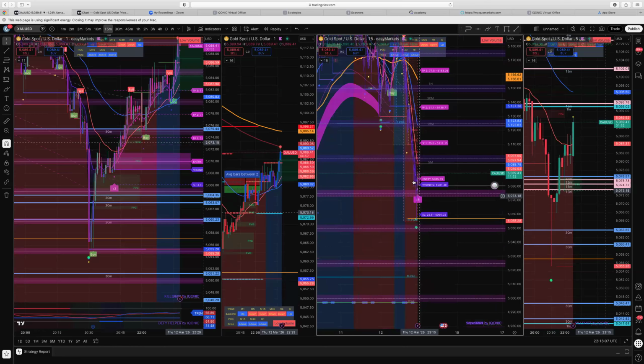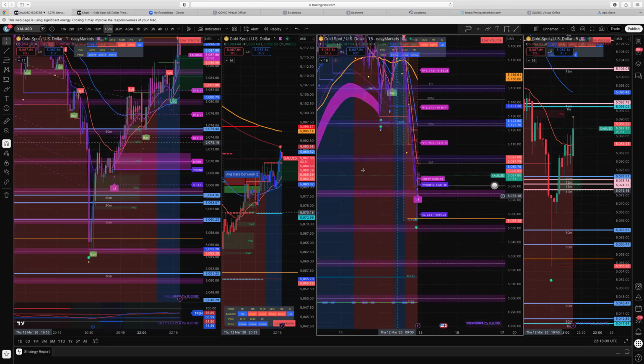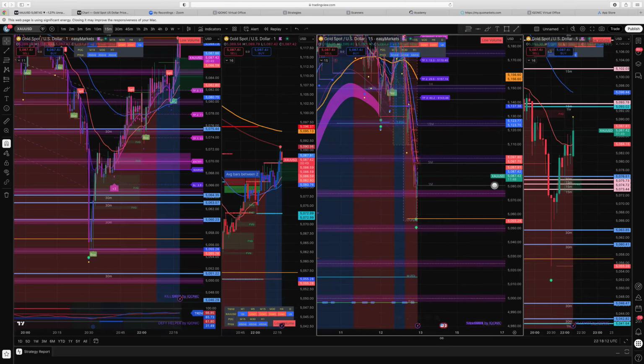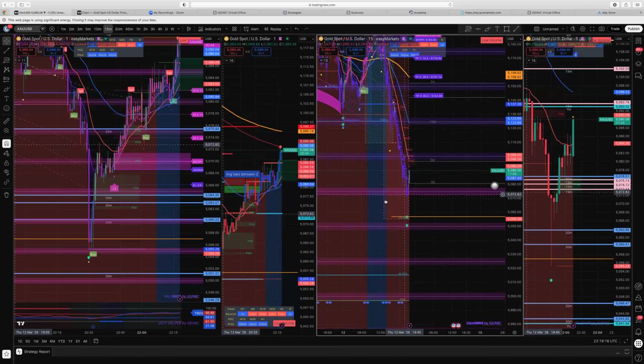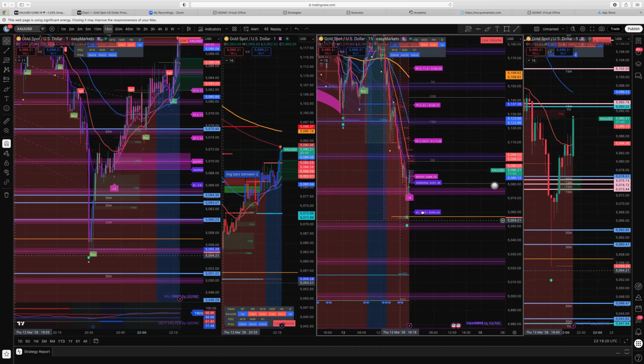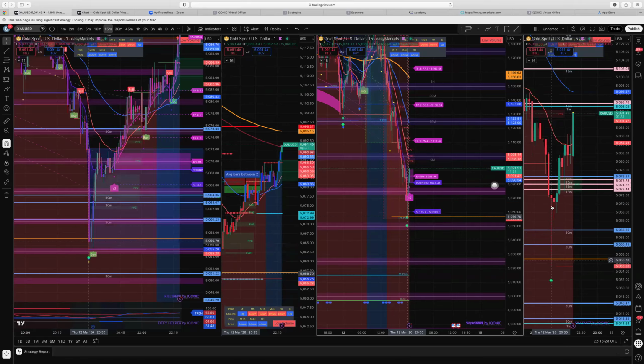They leave areas to come back. They always leave themselves a footprint. It's like they're leaving clues.